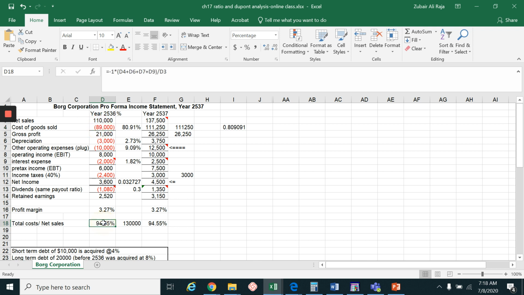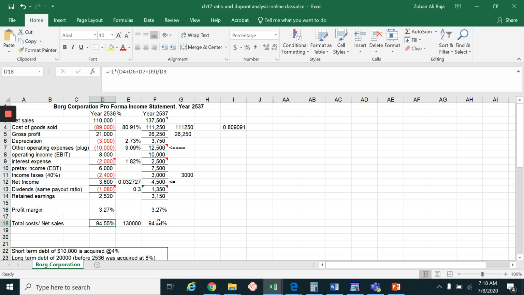Then you have depreciation, 3,000. You have other operating expense, which is 10,000. And then you have interest expense, which is 2,000. If you add these and divide by 110,000, your total cost to net sales ratio will remain 94.55%.